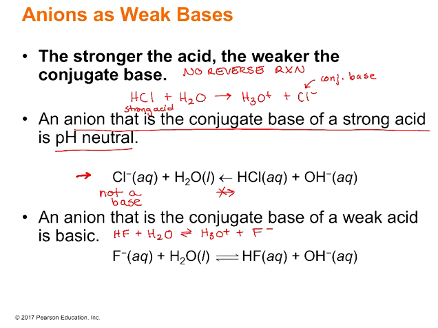So that means that the fluoride ion can act as a base. So that means the conjugate base of a weak acid is basic. So if we performed the reverse reaction where fluoride is reacting with water, we would end up with hydrofluoric acid and hydroxide ions.